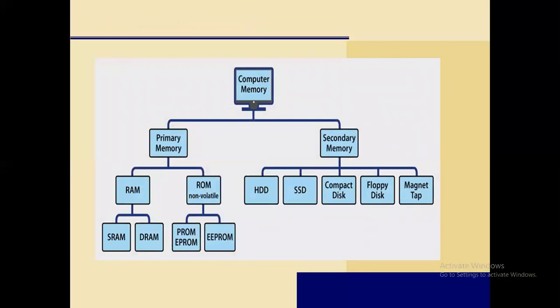So here, this is the hierarchy of the computer memory, and it is categorized into two memories. One is the primary memory, another is the secondary memory.